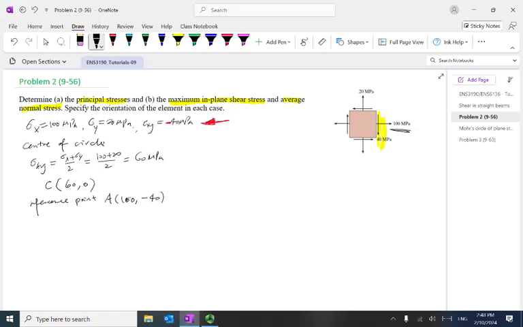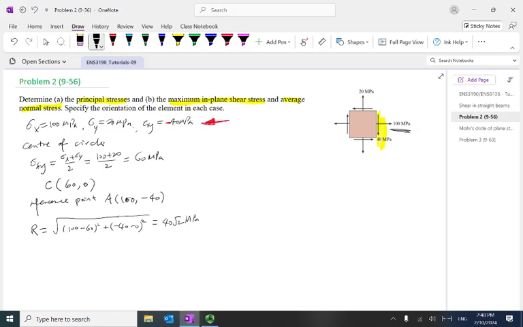The next step is the reference point and the radius. The radius is equal to, as I said, the distance CA. So that means from point C to point A, it is 100 minus 60 squared plus negative 40 minus 0 squared. You get the distance equal to 40 square root 2 megapascal.